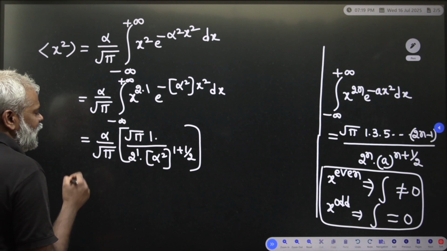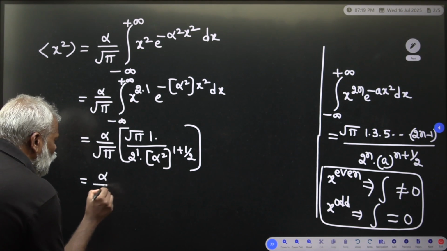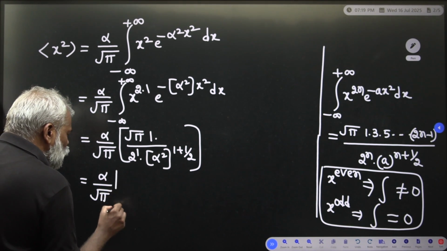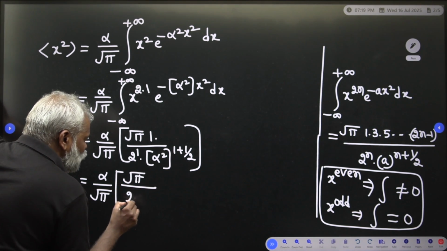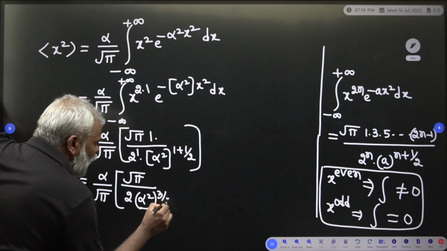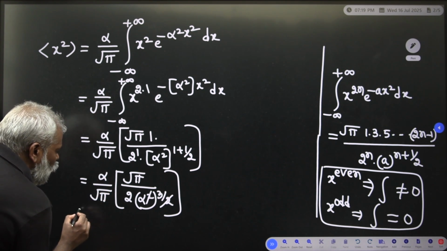This is the integration of the above integral. So alpha by root pi into root pi divided by 2 into alpha square whole to the power of 3 by 2. The 3 gets cancelled, leaving one alpha.